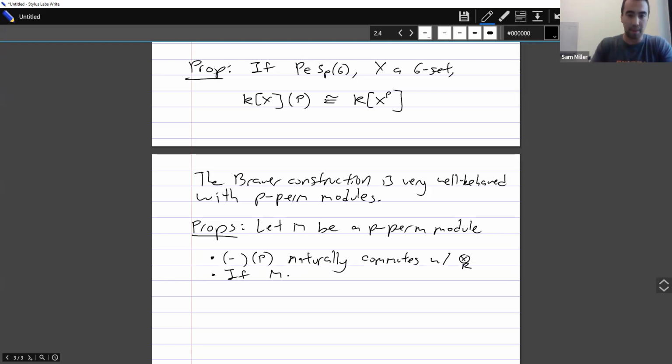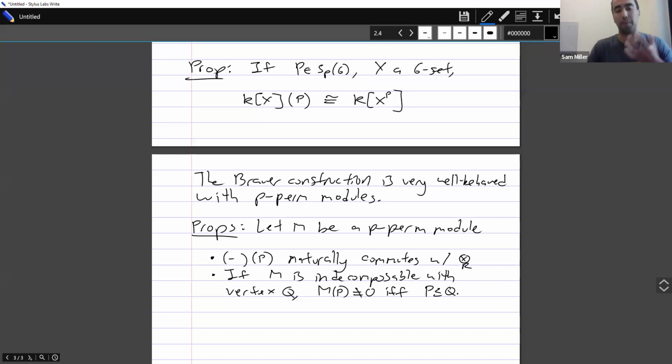So if M is indecomposable with a vertex, say vertex Q, M(P) is not equal to 0 if and only if P is contained in Q. So in other words, what the Brauer construction can do is detect vertices, and it kills off anything whose vertex is essentially too small.